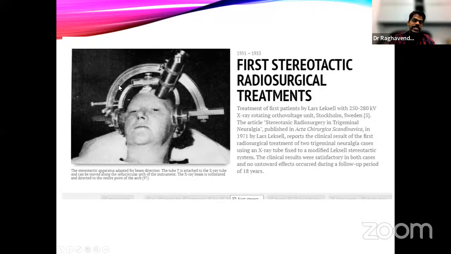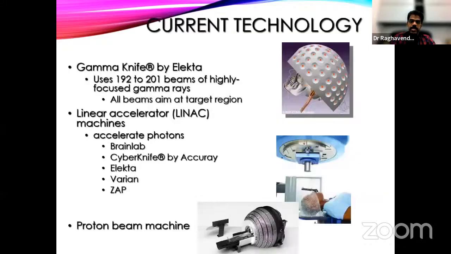He places a frame around the patient's skull, and uses this X-ray cone, deep X-ray of 250 to 280 kV, where the cone can be moved precisely along this axis, so that it can be focused on the tumor. That is how he started using radiosurgery in the brain using X-rays before the gamma knife era.